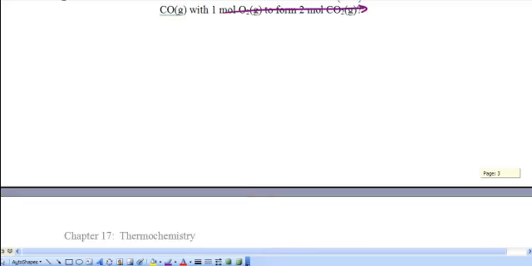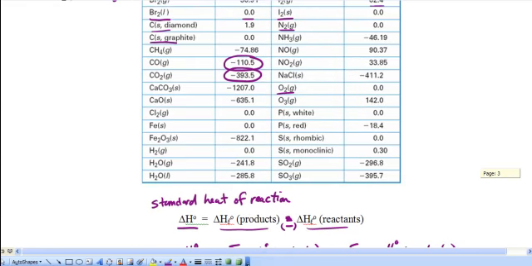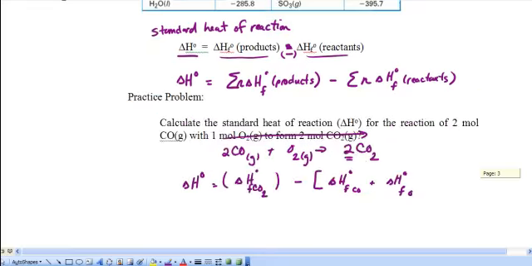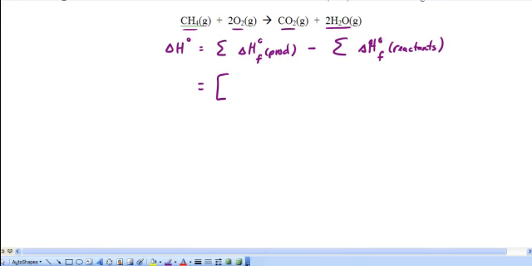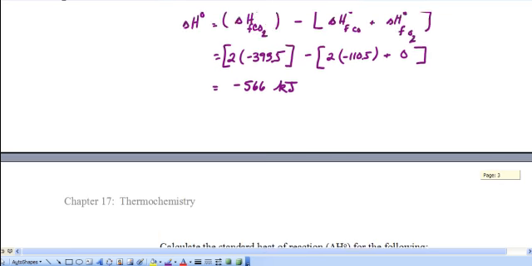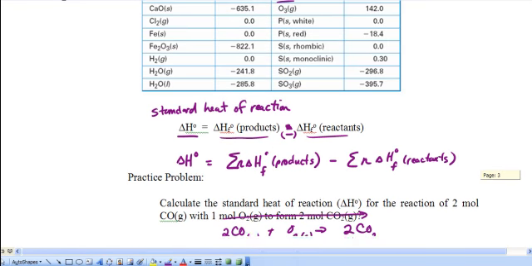We have the carbon dioxide. If you go on up there, the carbon dioxide is still negative 393.5. So we have 1 times a negative 393.5 plus we have 2 times the water. Scrolling up, the water is all the way down here at the bottom.